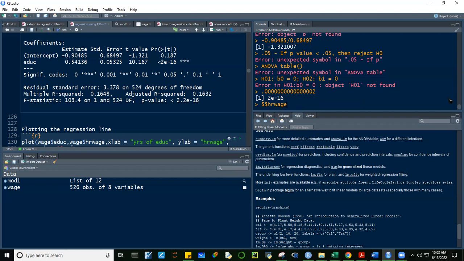Hourly wage sub i is equal to intercept plus the coefficient times educ underscore i, okay, plus a certain error term.